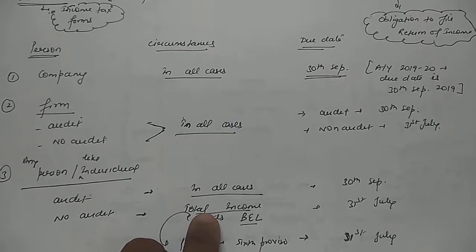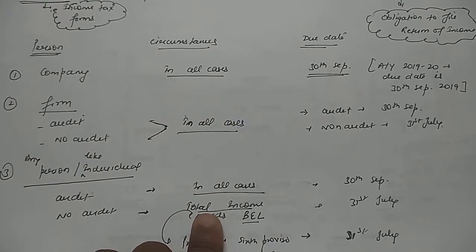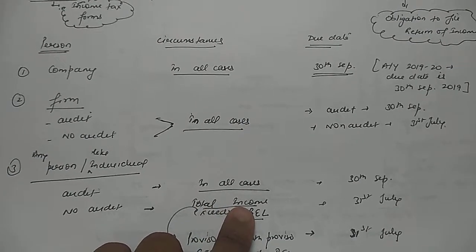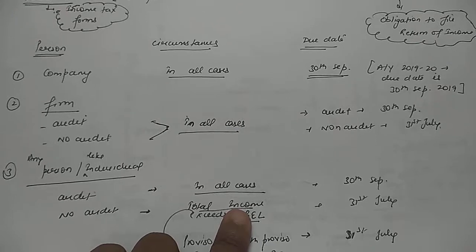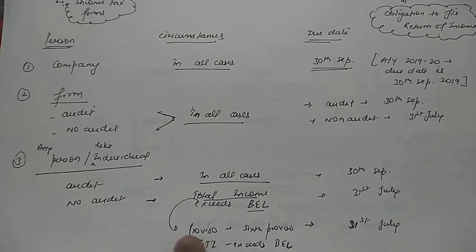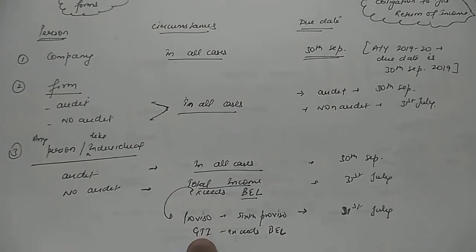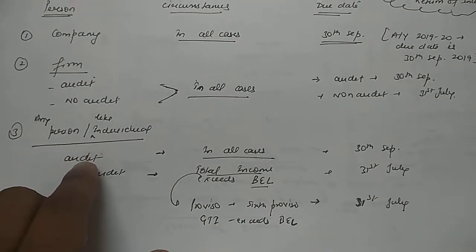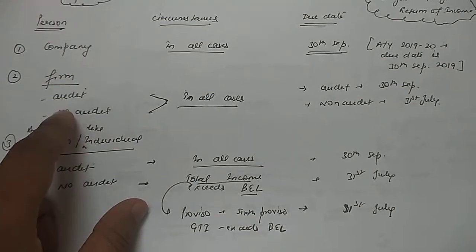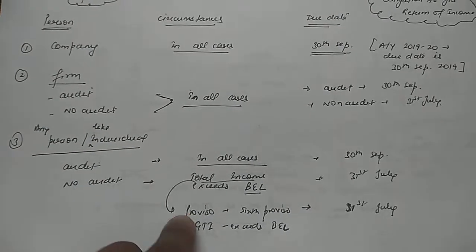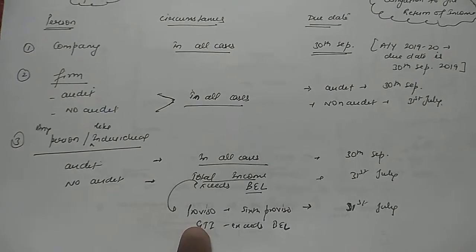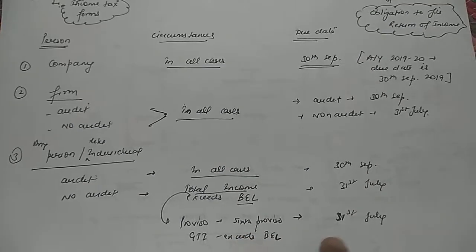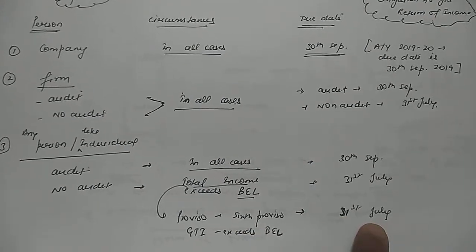As I already discussed in our previous videos, total income means the income after deduction under Chapter VI-A. However, as per the 6th proviso to section 139(1), if the taxpayer is other than a firm or company and its gross total income exceeds the basic exemption limit, then he is required to submit the return of income on or before 31st July.